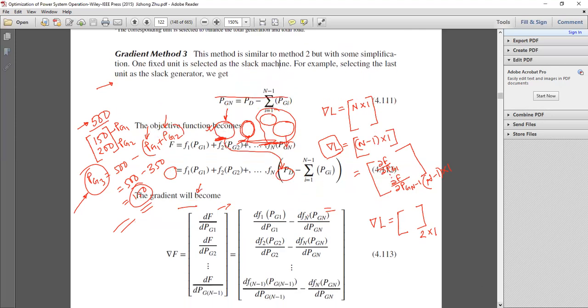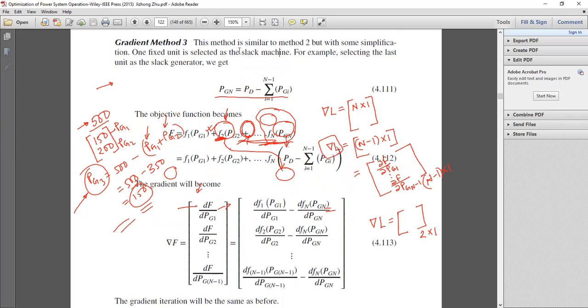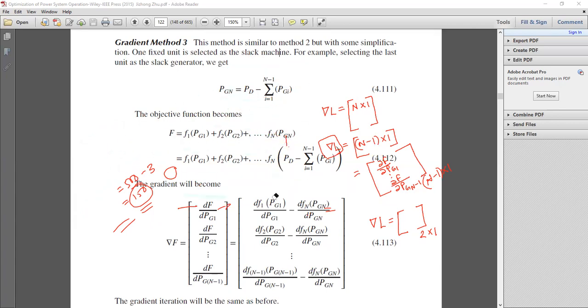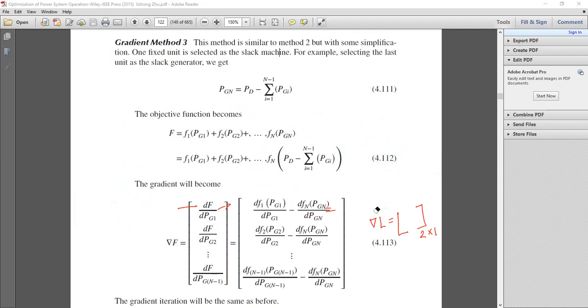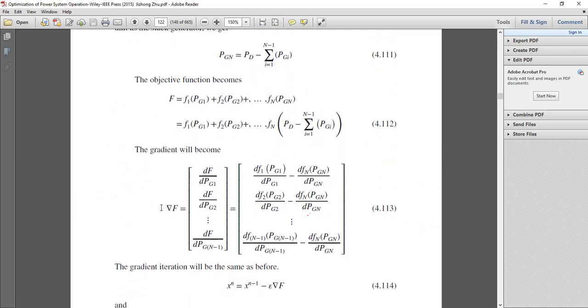Yes, sir. Okay. So then your gradient calculation will be a little bit modified or updated, because now you have some additional entries here. So your del L, or here they are calling it del F, but it is actually the same gradient.